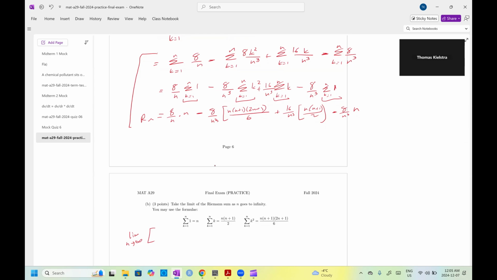I'll simplify the next step: 8 over n times n, minus 8 over n cubed times n(n plus 1)(2n plus 1) over 6, plus 16 over n cubed times n(n plus 1) over 2, minus 8 over n cubed times n.